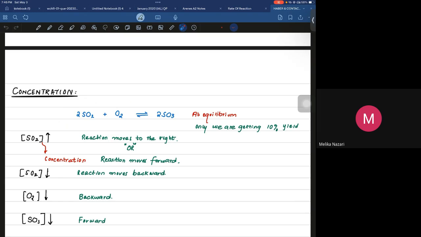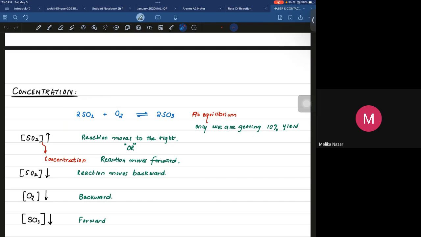So the examiner would ask only whether the reaction moves forward or backward.